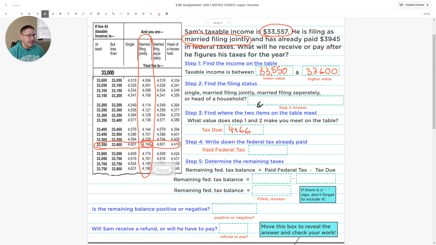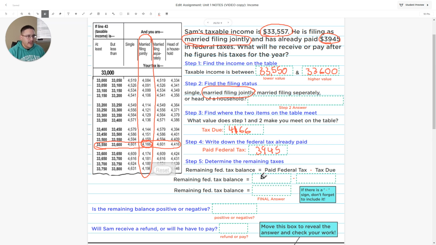So in this step 2, we forgot to answer. This is married. You're going to type it in, but I'm just going to circle it. Married, filing jointly. He owes $4,166. We're going to write down the federal tax that he's already paid, which is $3,945.